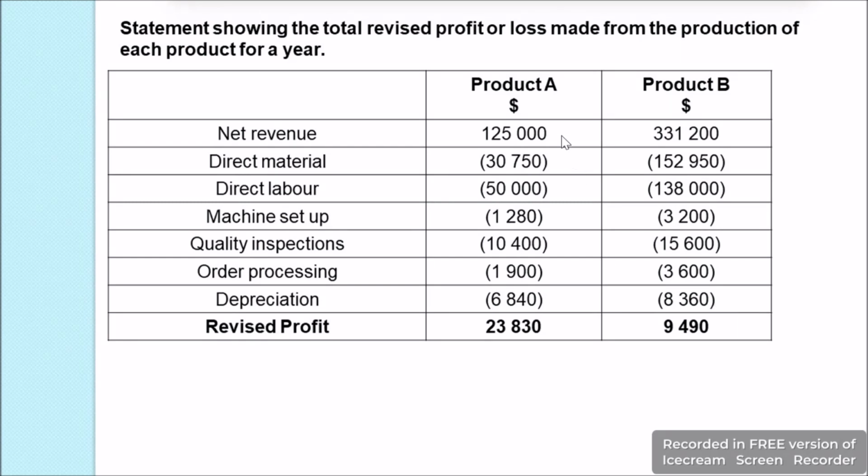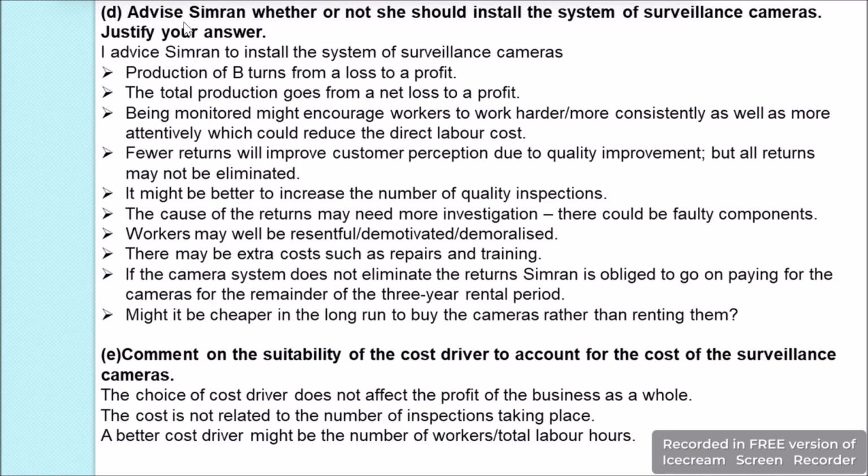Now when we take the net revenue and subtract all the cost, we get the revised profit for product A as $23,830 and for product B as $9,490.